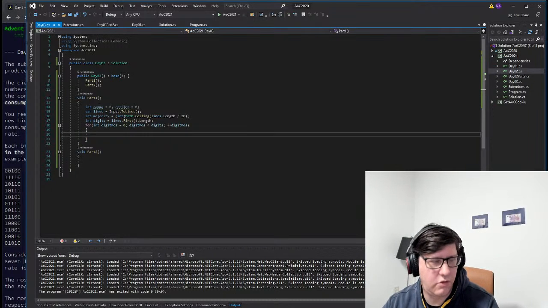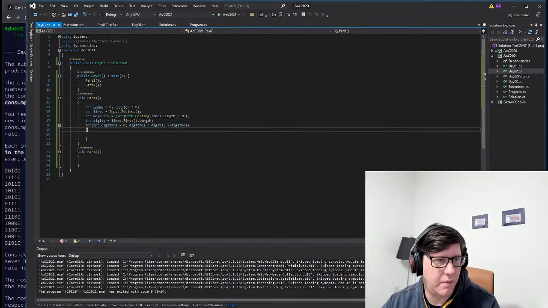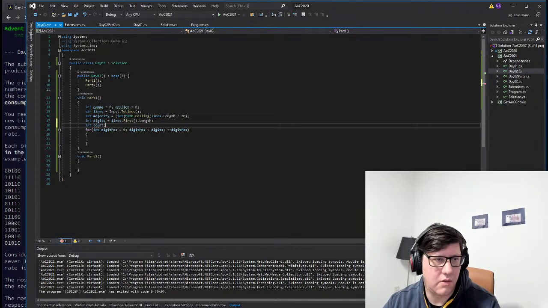We will go to all the rows, and we will abort early if we reach consensus there. So we do, let's see, I'm just thinking, we need to keep track of the count. So we do int count 0.